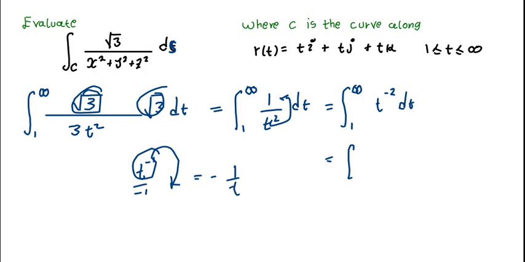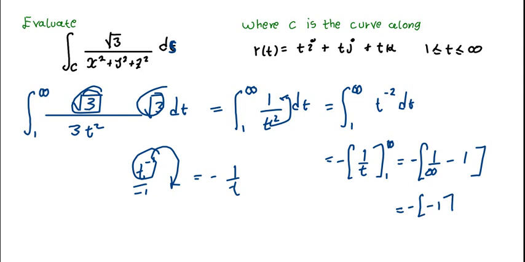So evaluating from 1 to positive infinity, this is going to be equal to minus 1 over infinity minus minus 1. Okay, so 1 over infinity is simply 0. So you're going to have negative 1 multiplied by negative 1, which is equal to 1. So the solution for this question is positive 1.